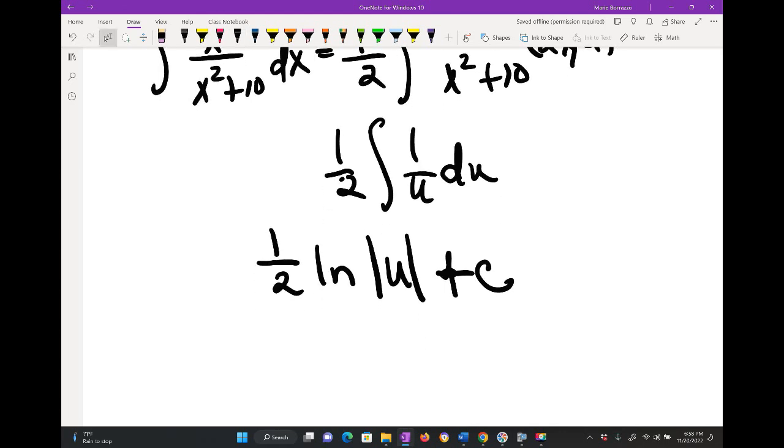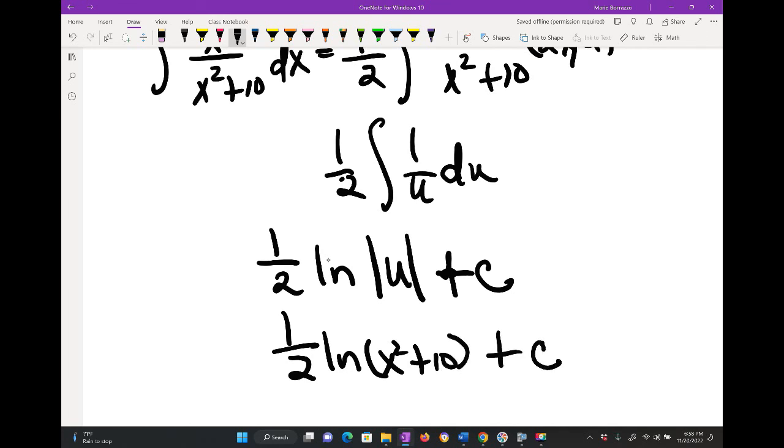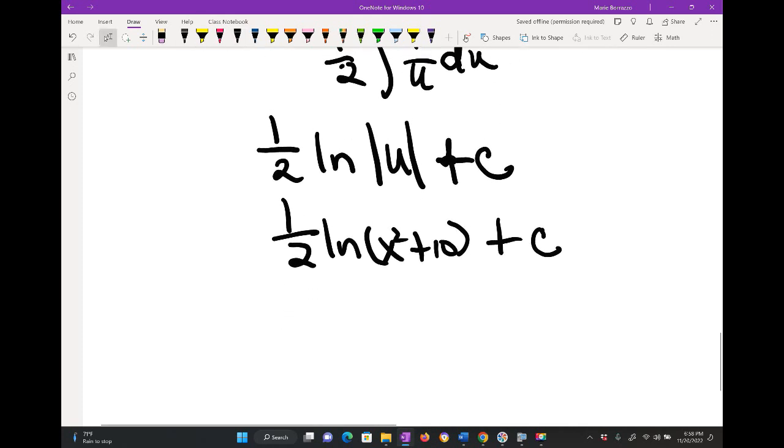If we plug our u value back in, we have 1/2 natural log of x squared plus 10 plus c. And we know that x squared plus 10 can never be negative. Technically, it's greater than 0. And so we can go ahead and evaluate the integral here.